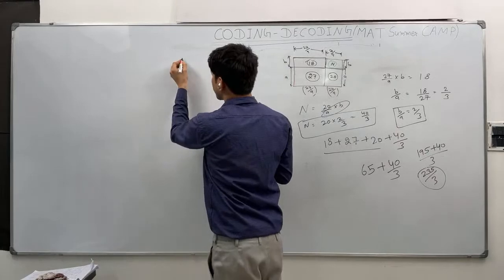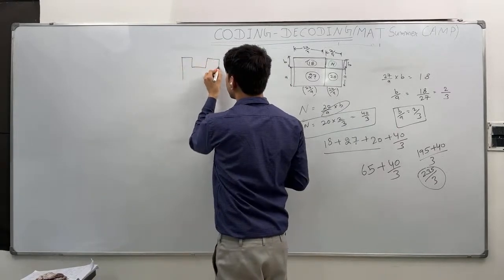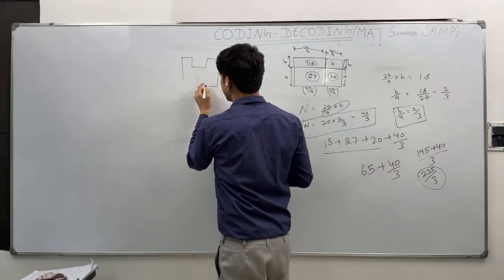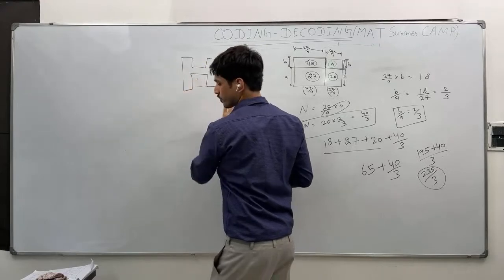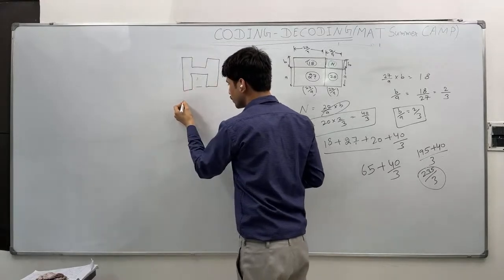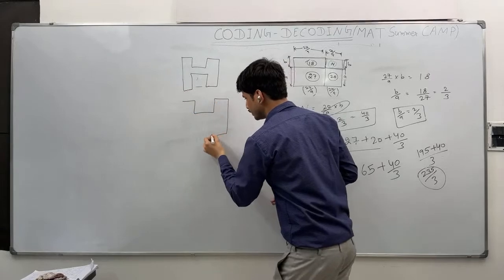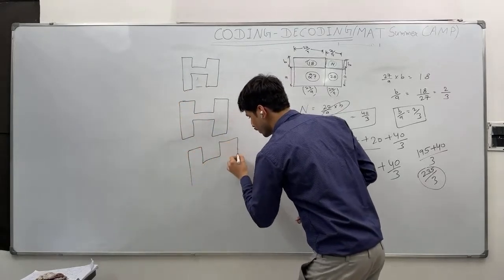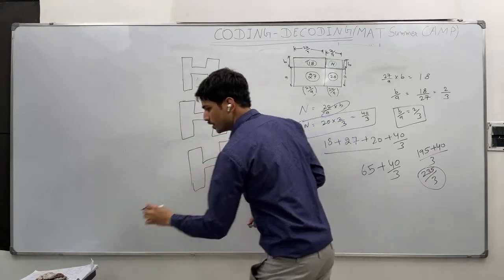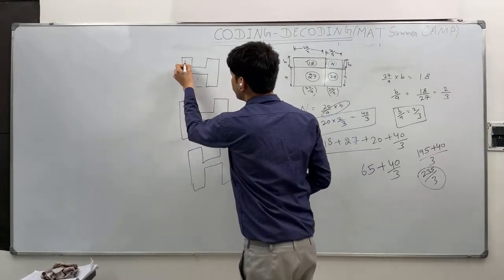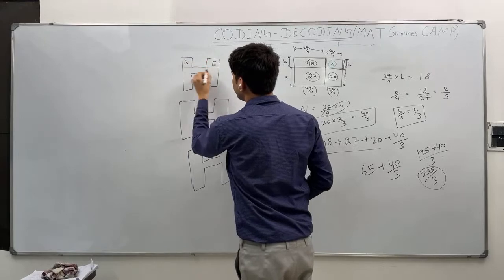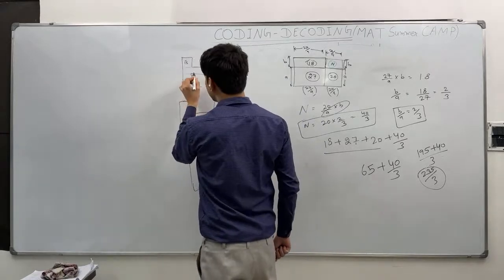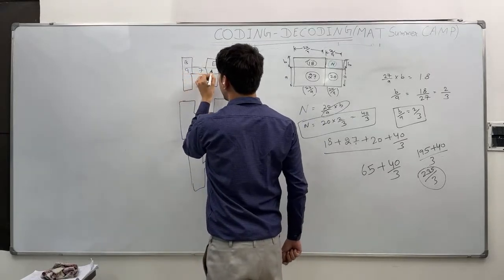Let's say I'm giving you this shape. You'll get such 4 shapes. I'll draw. This one they are giving: here we have letter B, here we have letter E, and then we have 9, 7, 5.